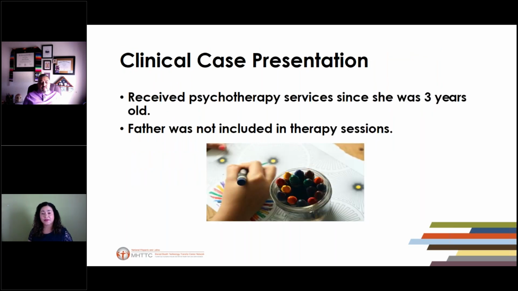She received therapy since she was three years old. And before I was seeing my client, she used to have therapy in the same agency with another therapist, who was using trauma-focused cognitive behavioral therapy with this client.